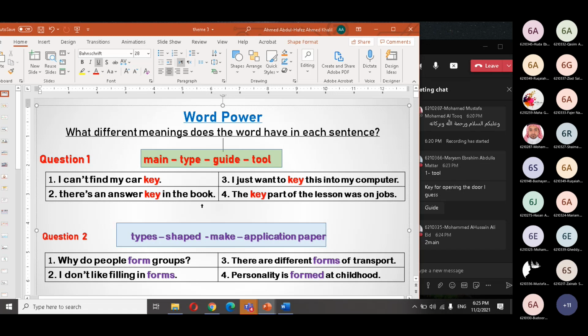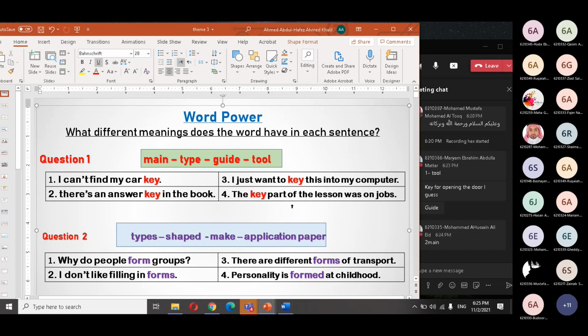Usually, when there is a book of exercises, a book with questions, you go to the end of the book to find the answer key, right? So what does the word key mean here? Guide. Yes, Mariam, it's a guide. When you say there is an answer key in the book, key here means a guide.